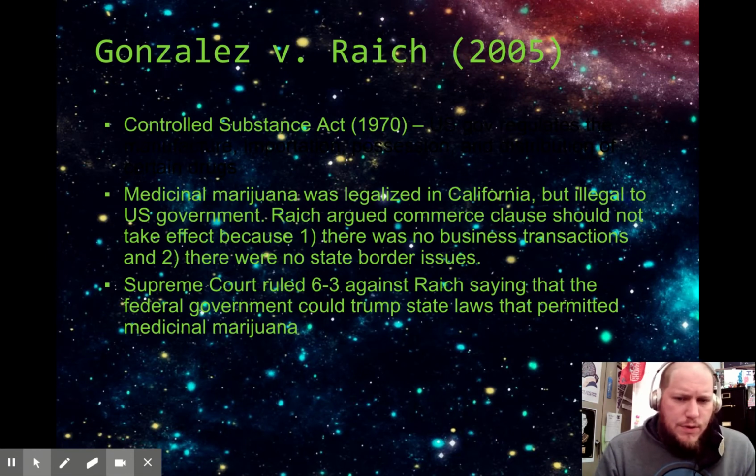In the year 2000 is when we start to see California be one of the leaders in terms of the medical marijuana movement, and they create medicinal marijuana. And this isn't just like, I'm sick, I need weed. To be eligible to have medicinal marijuana, a doctor had to prescribe it to you for a specified set of conditions or illnesses.